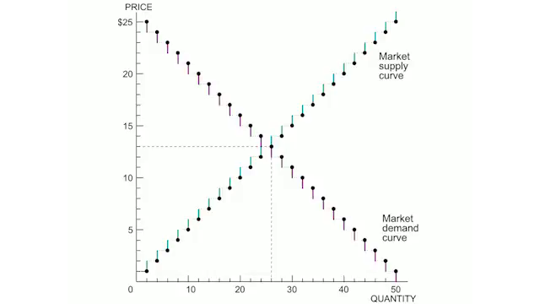And in this case, you can see the price is going to be $13, and the quantity sold about 26. That's as if each market has exactly 20 buyers and sellers, and the 26 is at the intersection of the 2 curves.